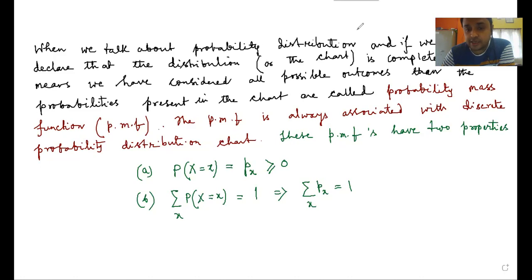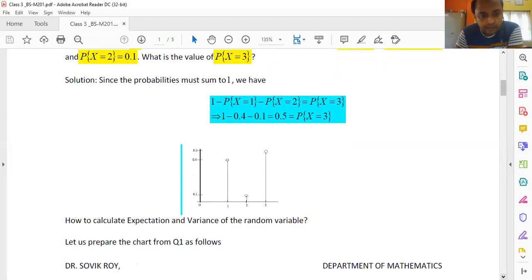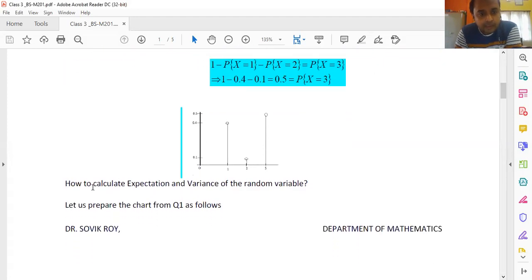Now let us get back to the original PDF file which I was sharing with you. Now, what comes next? Then I have set one question which goes like this. I want to calculate the expectation and variance of the random variable.